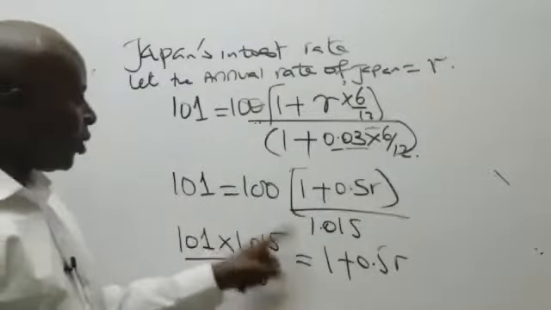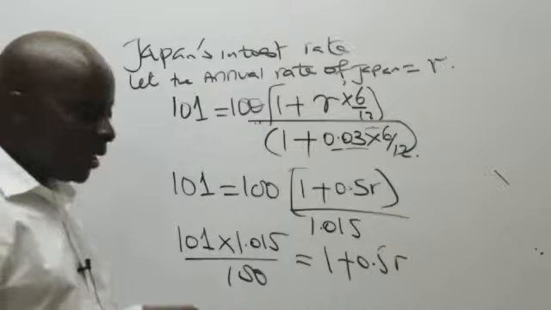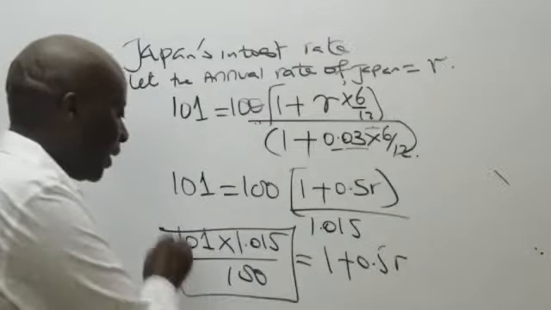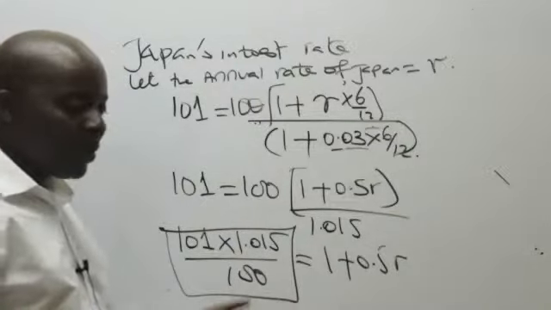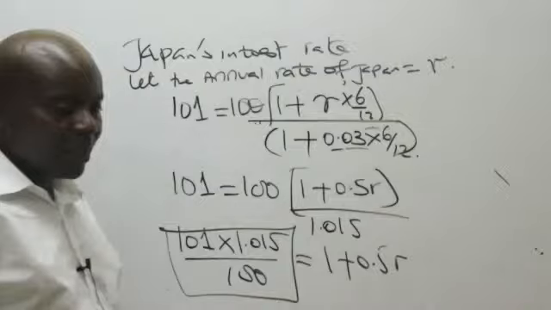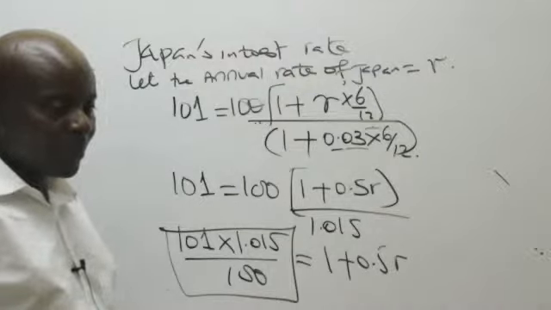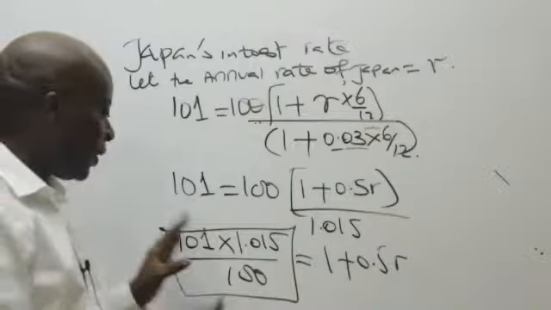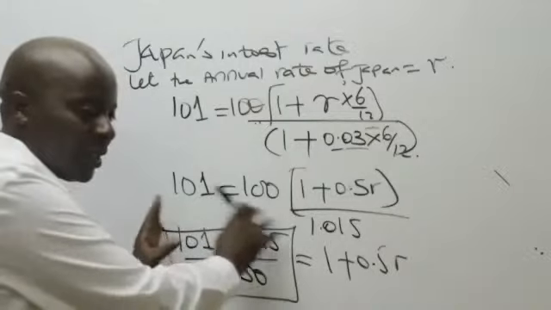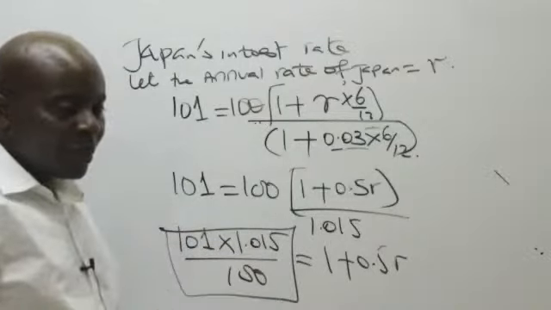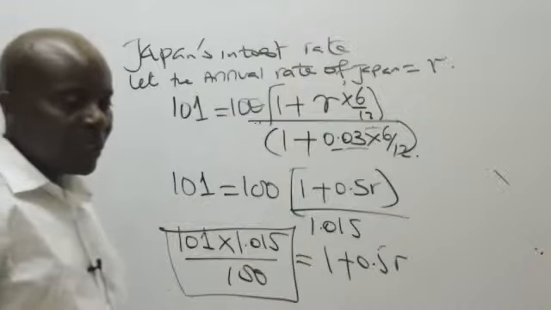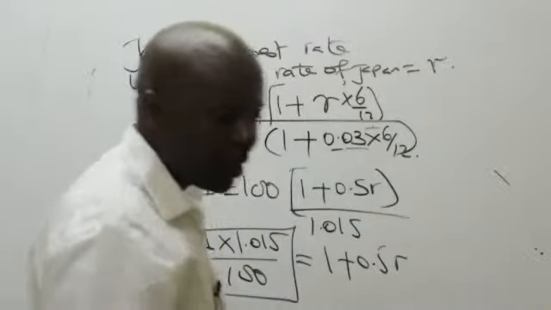So could you kindly go ahead and give me this figure alone, this side alone. 101 times this divided by 100. Is there somebody who can get for us this figure?